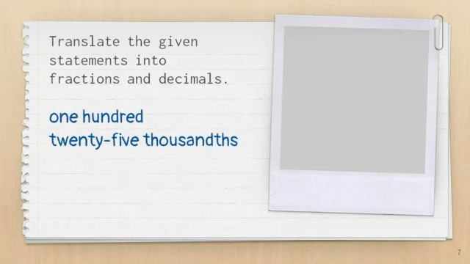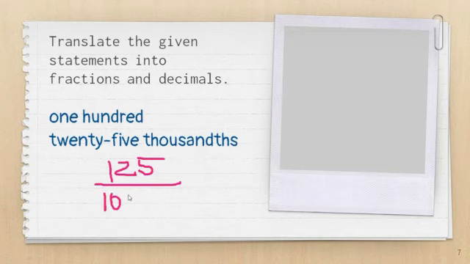Next, number 3. So, I have here 125 thousandths. So, ang dala, di ba? Fraction. So, sabi, 125 thousandths. So, sulat natin yung 125 over 1,000. So, in fraction, that's 125 over 1,000. So, tingnan natin.